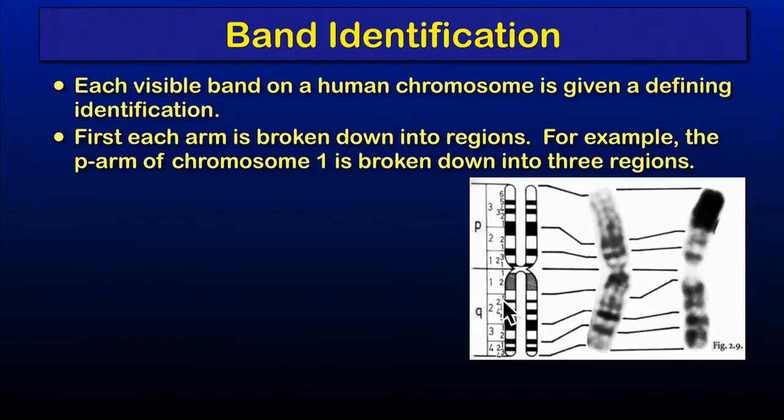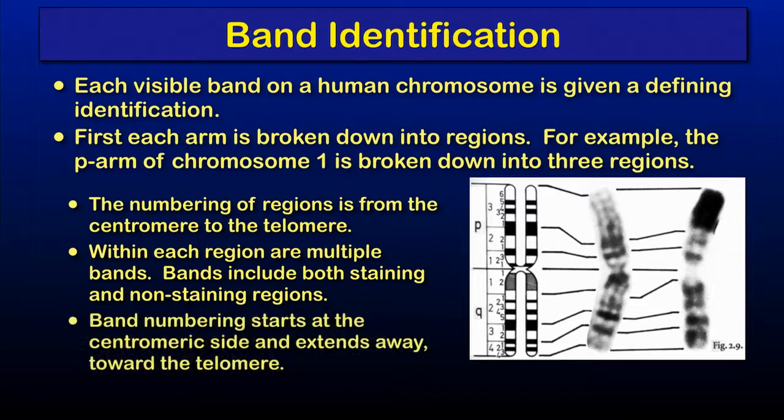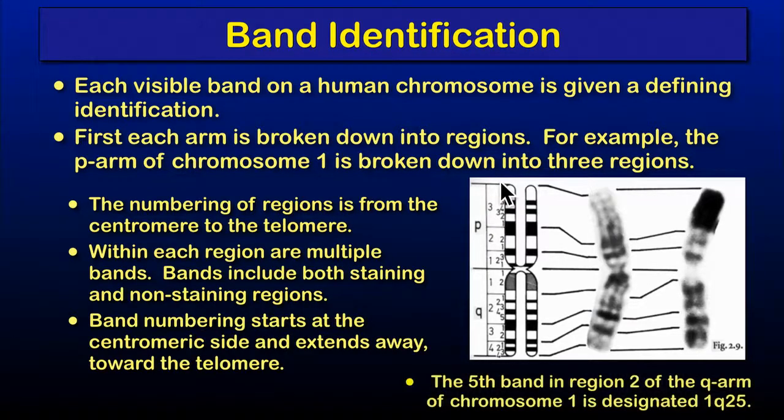So the first one is here, second one here, light band, then dark band, then light band. And so all of them are identified. So the numbering also starts from the centromere and extends toward the telomere. So it's going to go 1, 2, 3, 4, 5 as we go down. And here, 1, 2 as we go up. So 1, 2, 3, 4, 5, 6 going upward on that chromosome.